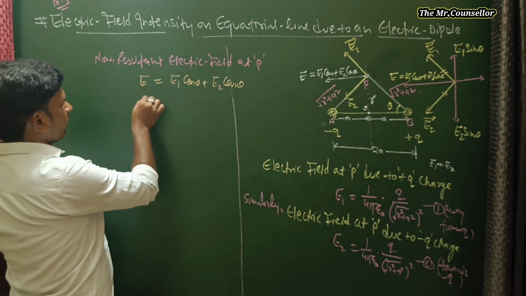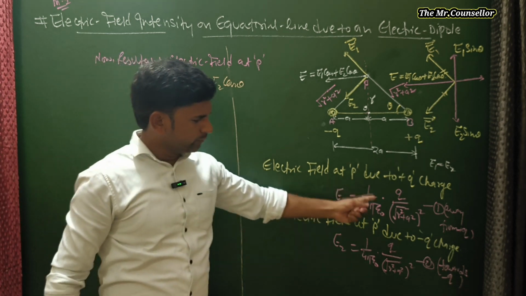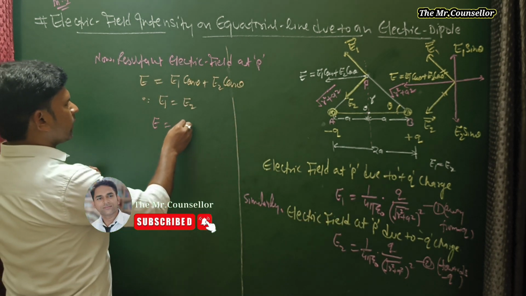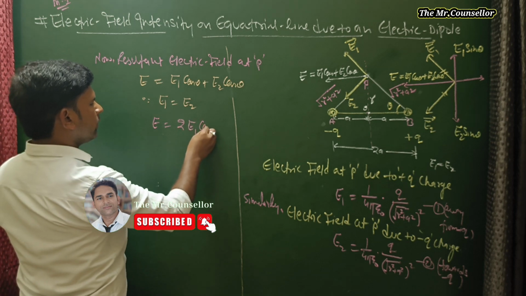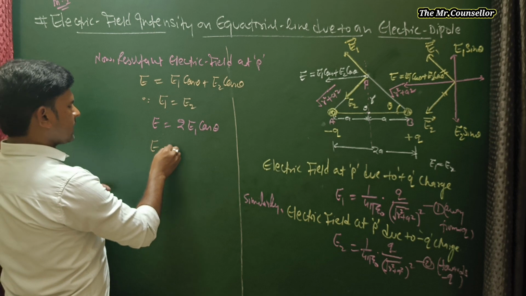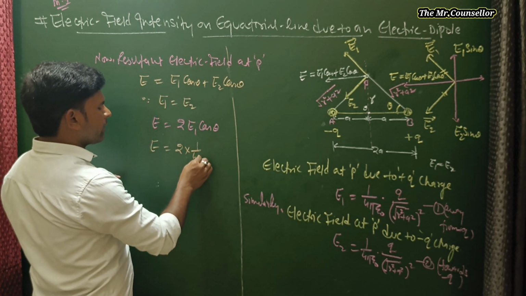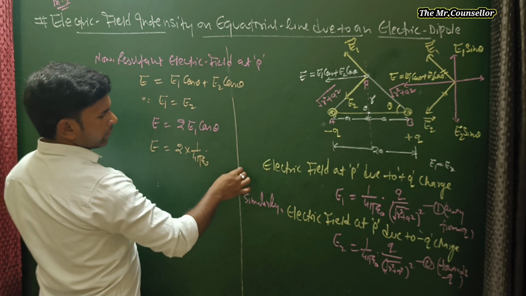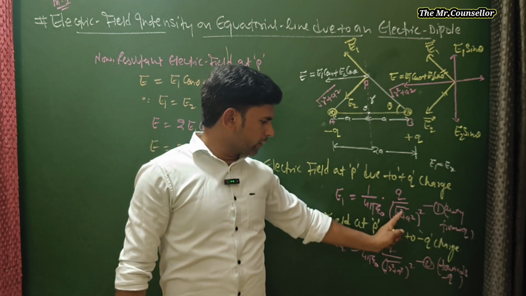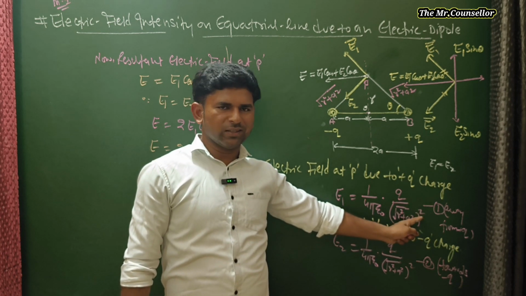So now we know very well, because E1 is equal to E2, both are same. Yes or no? So now you can just write here E is equal to 2 E1 cos theta. So now you can place the value. So E is equal to 2 times 1 upon 4 pi epsilon naught Q upon, if you square this root, the root will cancel with this square.